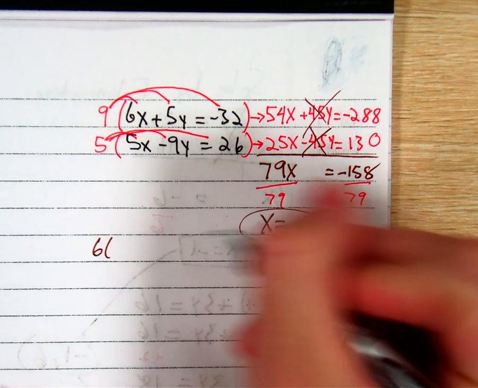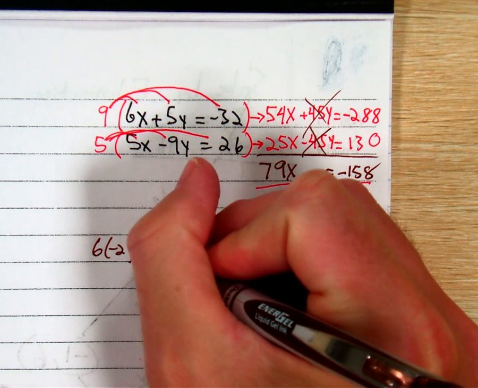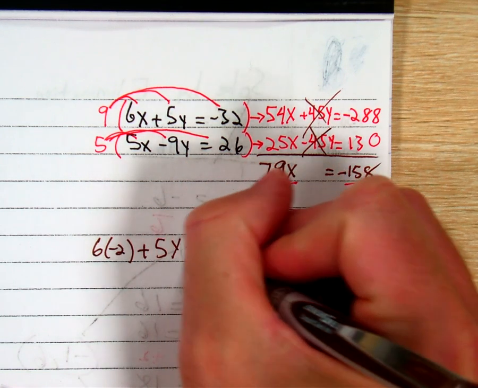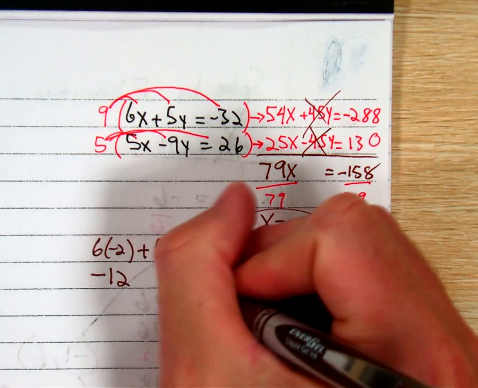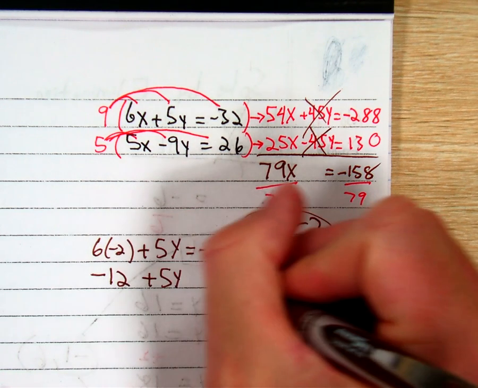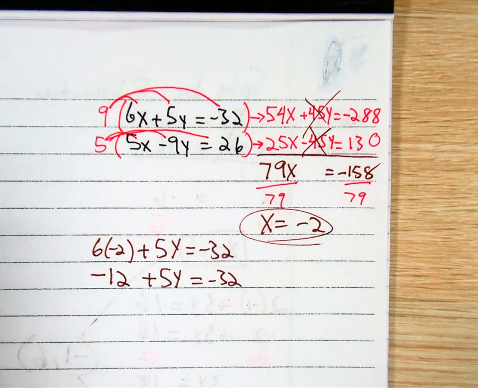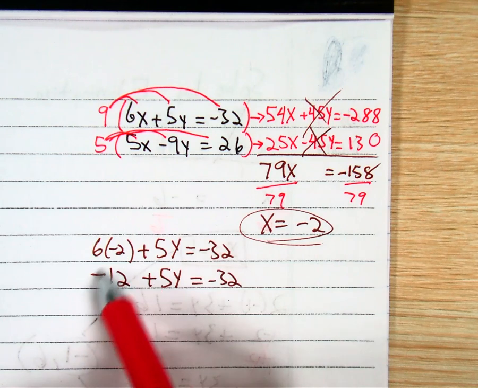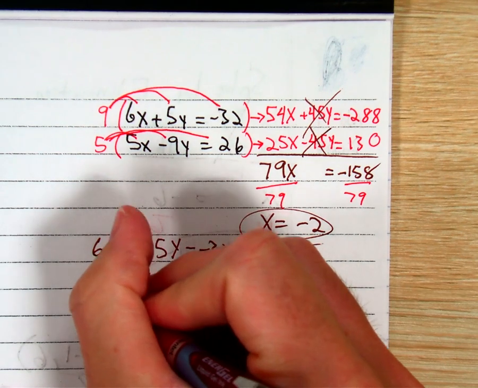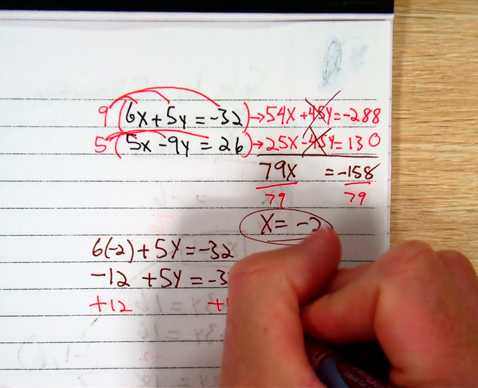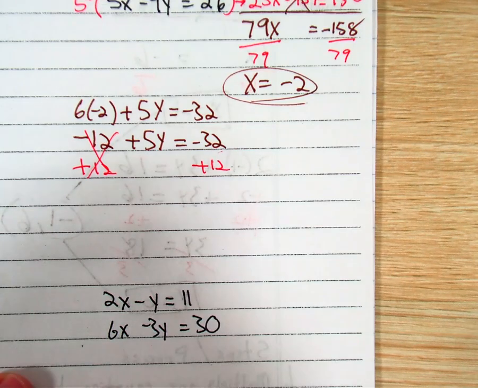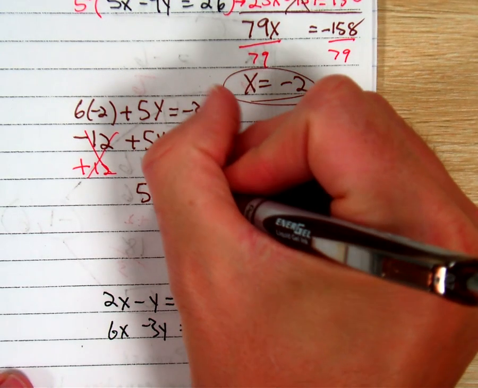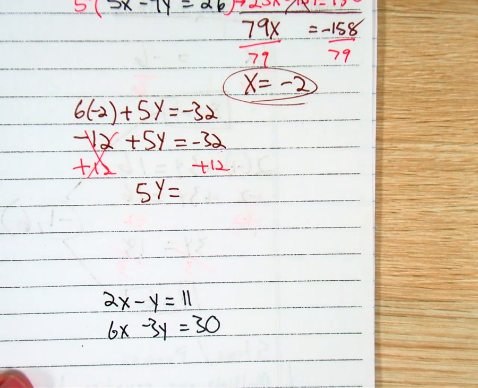So I'm going to have 6 times negative 2 plus 5y equals negative 32. So that's negative 12 plus 5y equals negative 32. Let's move this over. Add 12. 5y equals negative 32 plus 12.